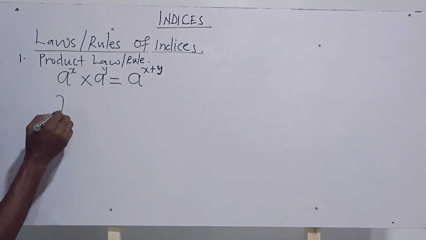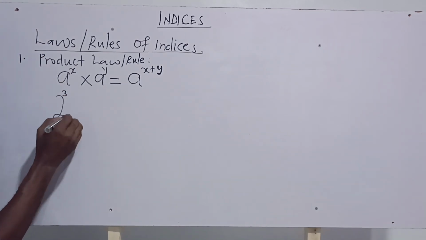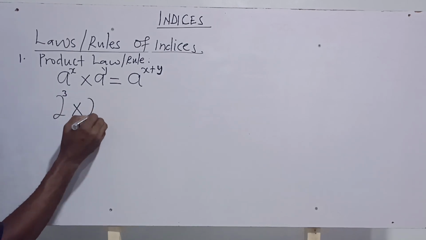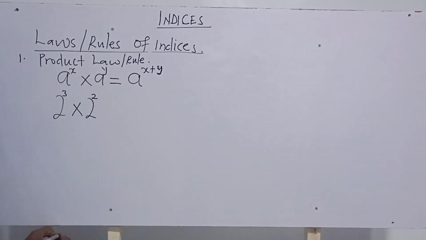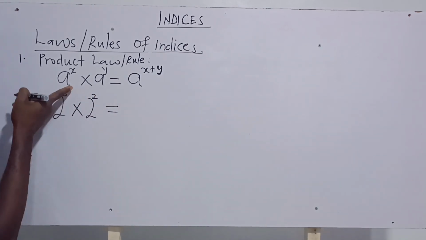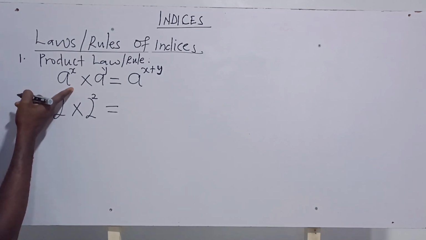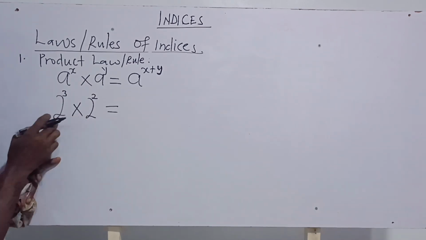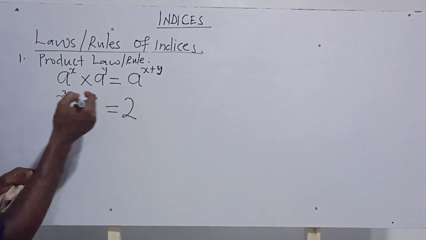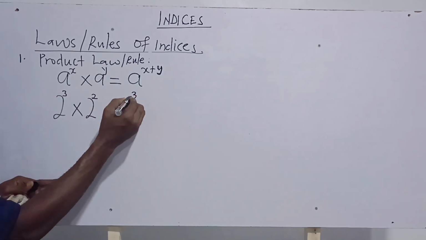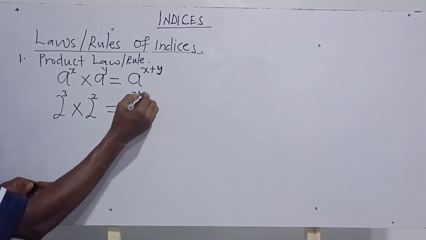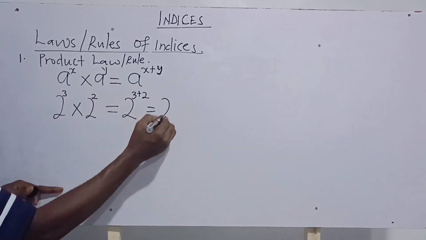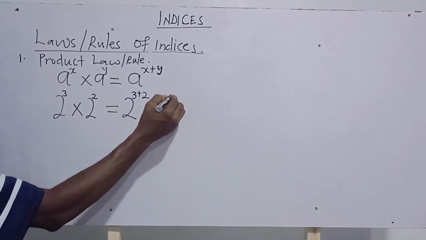Now let's apply this. If you are given 2 raised to power 3 multiplied by 2 raised to power 2, by this law, since they have the same base, you pick 2 and add the indices, 3 plus 2, which will give you 2 raised to power 5.